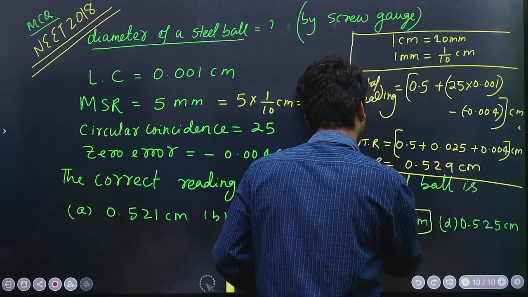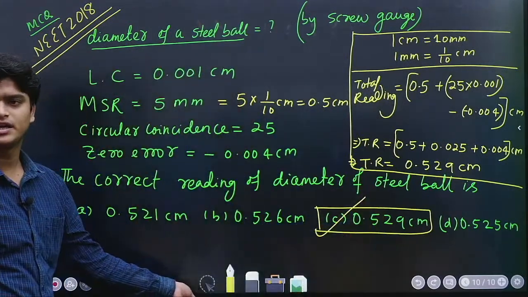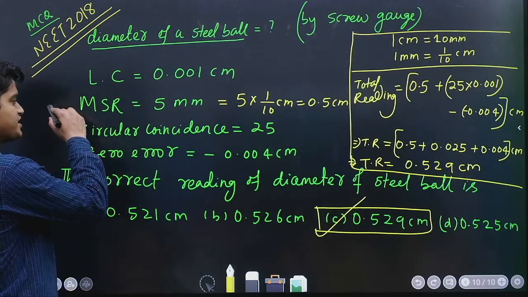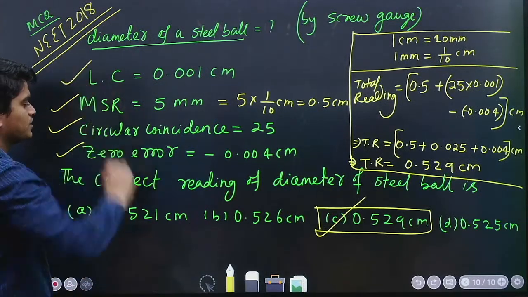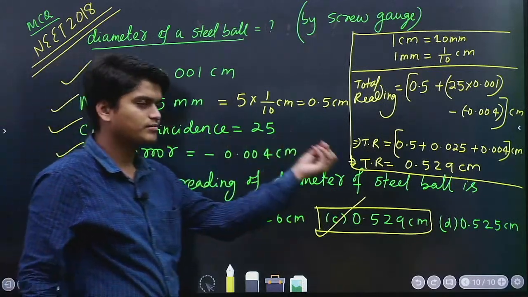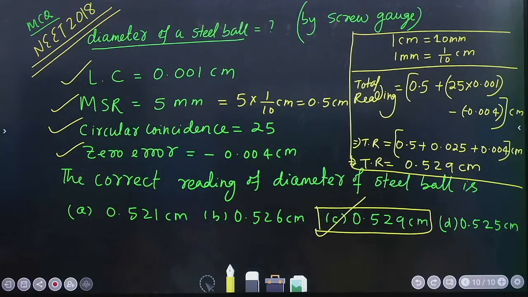So this is your answer, and the answer will be C. Clear? MSR is given, circular coincidence is given, zero error is given, LC is given. Put the values, get the answer.